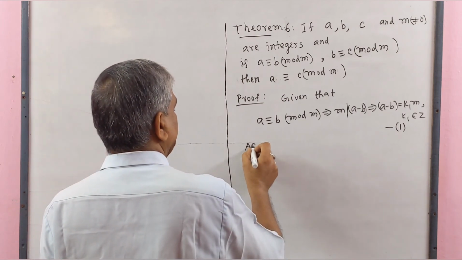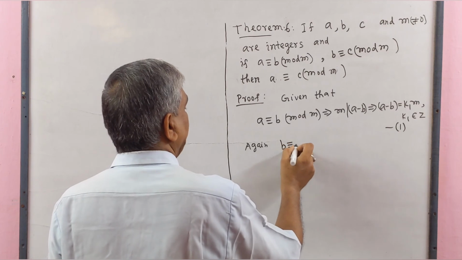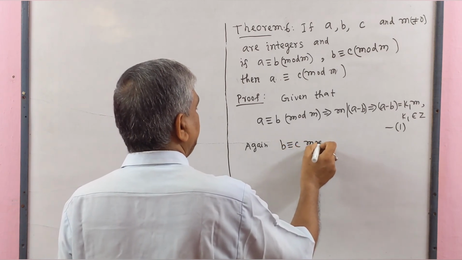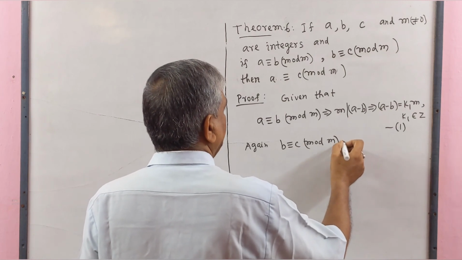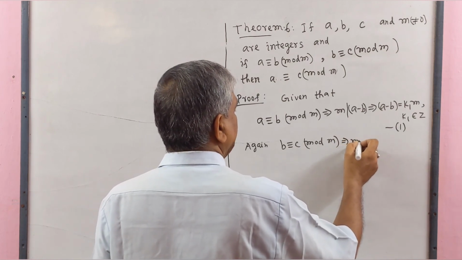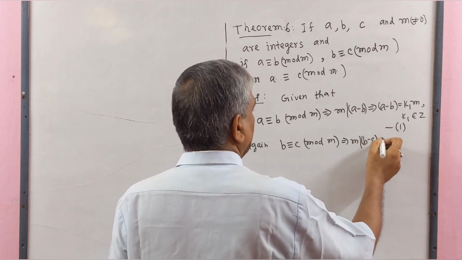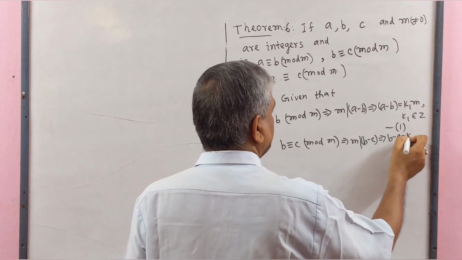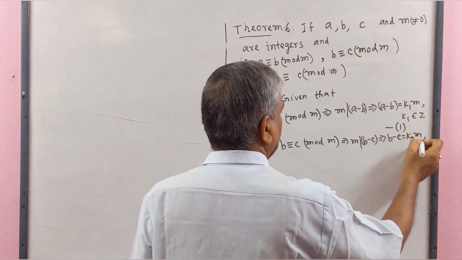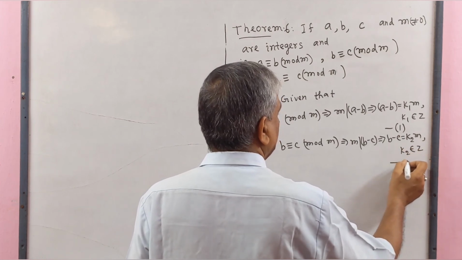Again, given that b is congruent to c modulo m implies that m divides b minus c, which implies that b minus c equals some integer k2 m, where k2 is another integer. This is number 2.